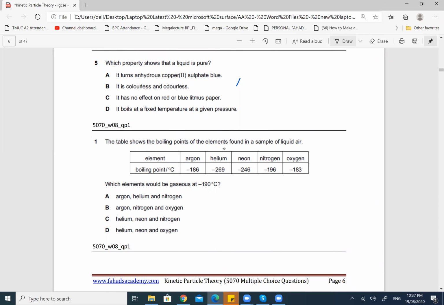Which of these are gaseous at -190? Helium, neon, and nitrogen. C. Helium, neon, and nitrogen. I think that's fine.